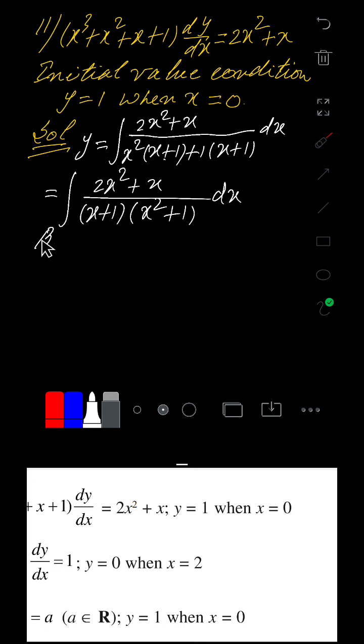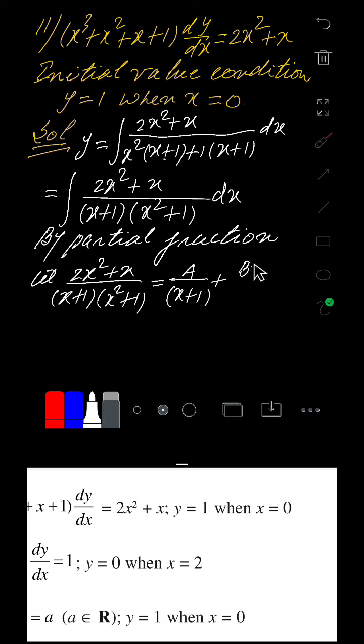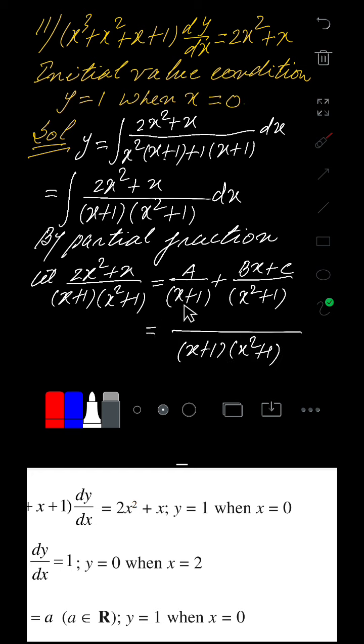So by partial fraction, we have to assume 2x square plus x divided by x plus 1, x square plus 1 is equal to A upon x plus 1 plus, this is quadratic expression, so we have to take Bx plus C in the numerator for that. That is equal to, taking LCM x plus 1 x square plus 1, we get in the numerator A into x square plus 1 plus Bx plus C into x plus 1.